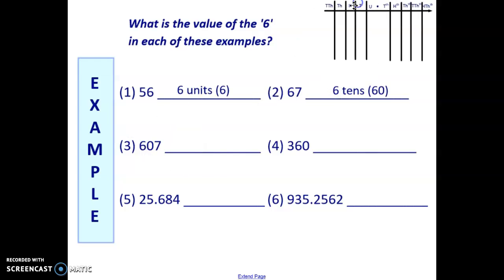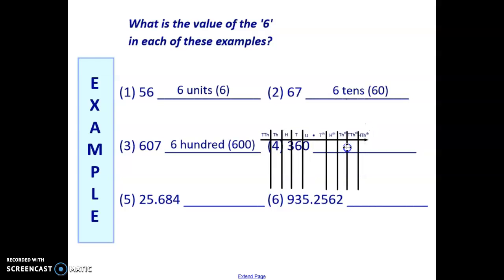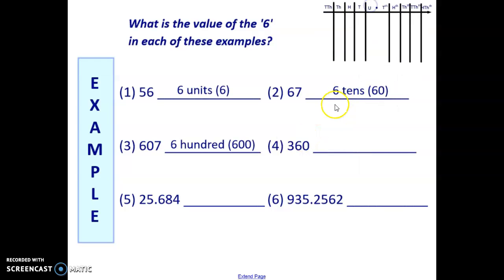So for number 3, the 6 is worth 600. For number 4, line the decimal point up with the end of the number. I can see that 6 in the middle is in the tens column. So again, that one is worth 6 tens, or 60.